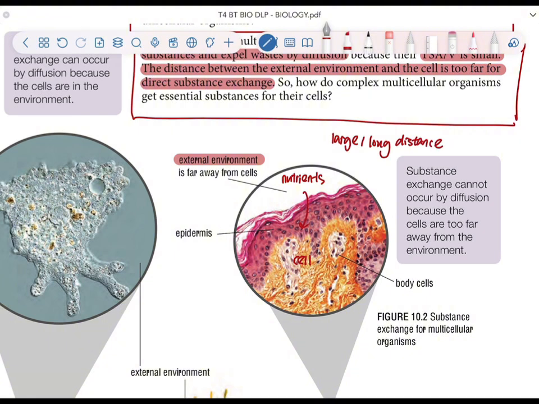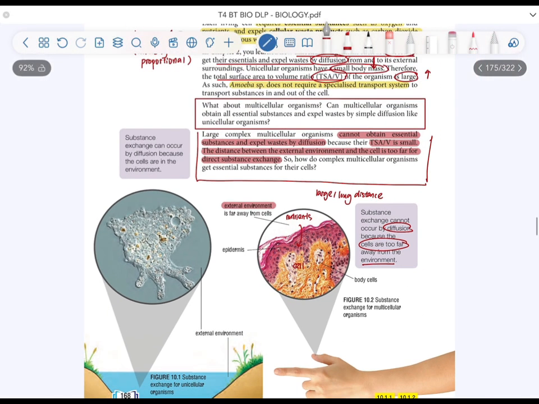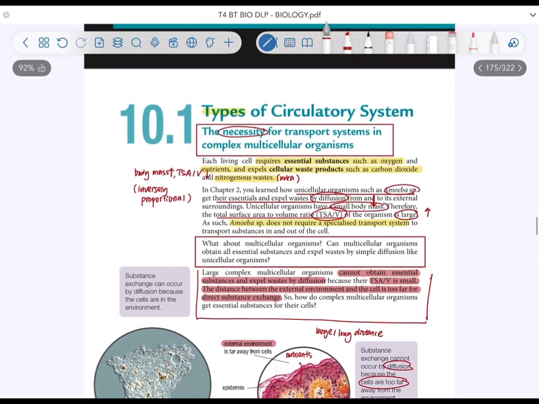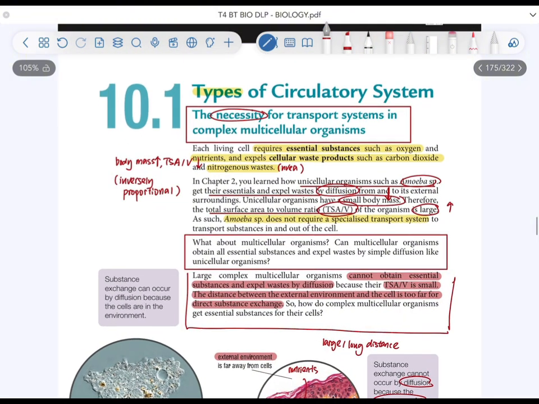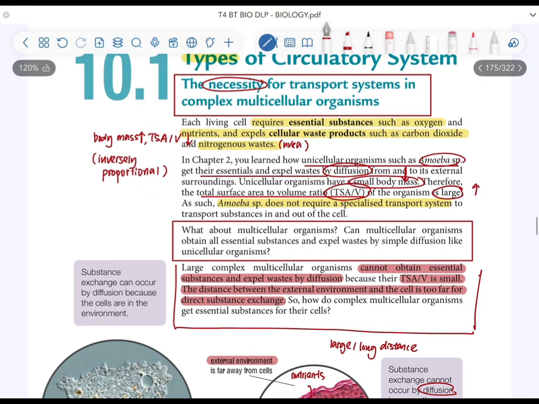That's why substance exchange cannot occur by diffusion, because the cells are too far away from the environment. So this is the basic idea of the necessity for a transport system in complex organisms.